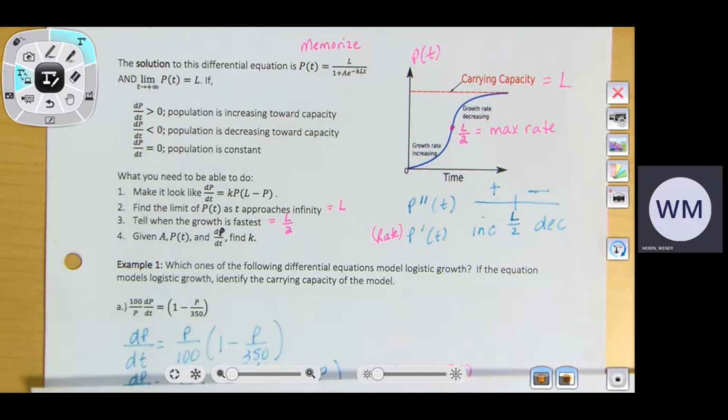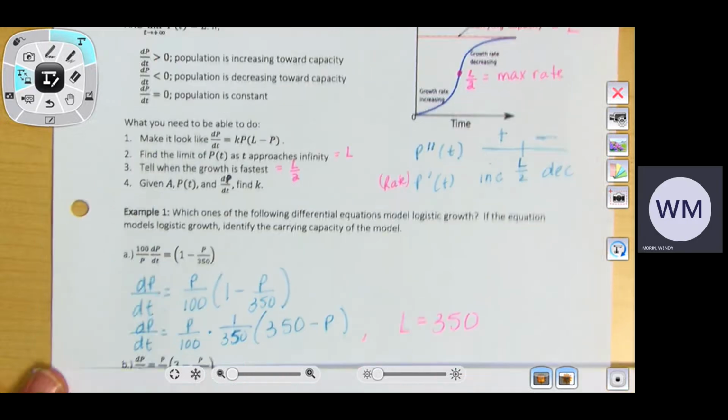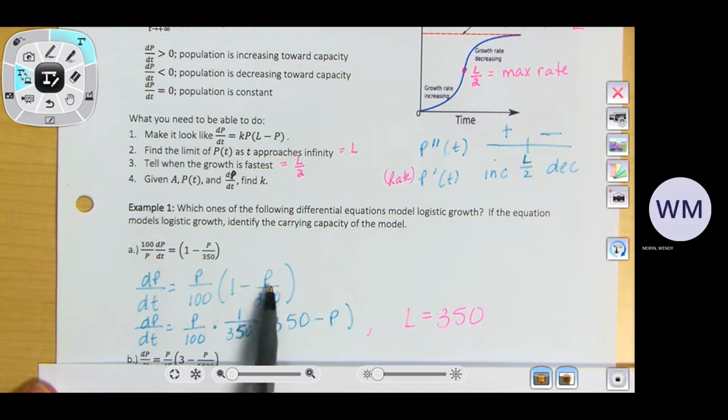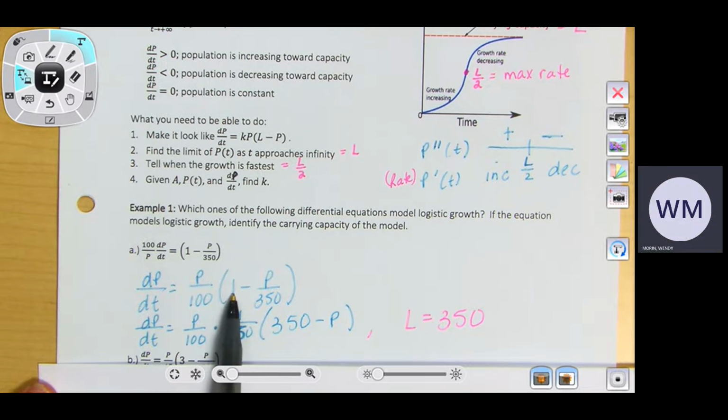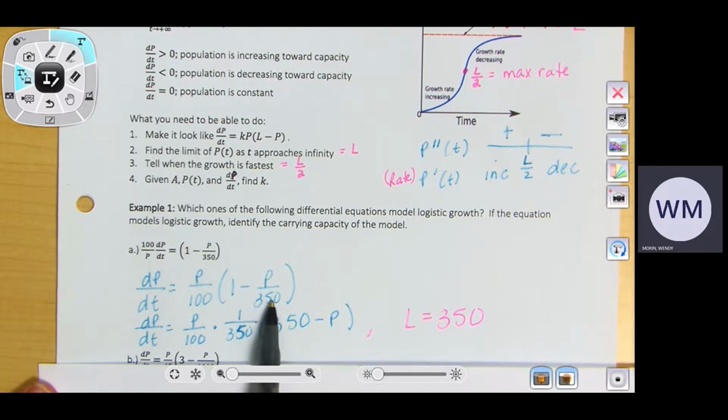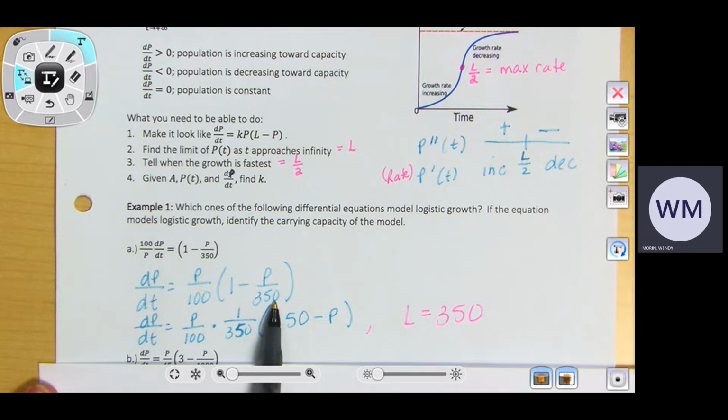Okay, now I'm going to go over them. So the first one, if I rearrange this and I get dP/dt by itself, this right here, this 1, is not our limit because this is P divided by 350. So you actually have to factor out a 1 over 350.